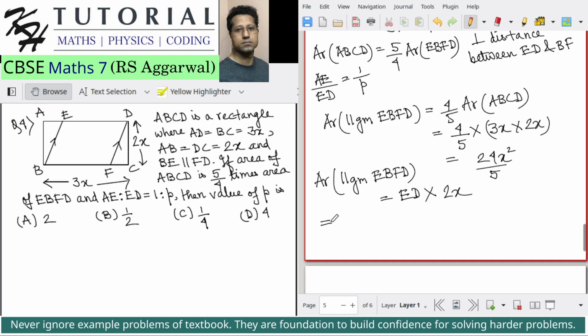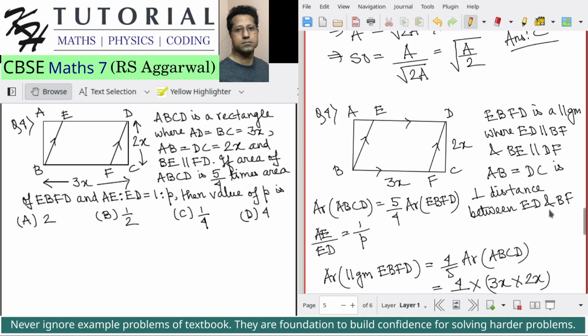So we have ED multiplied by 2x is equal to 24 x square by 5. From here we can find ED. So ED will be equal to 12x by 5.